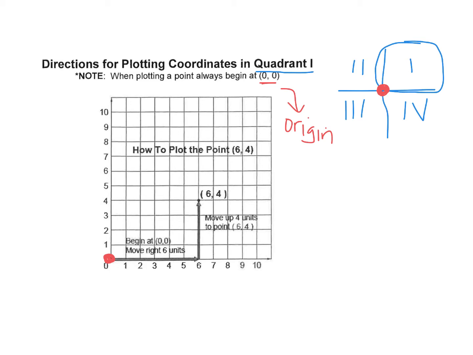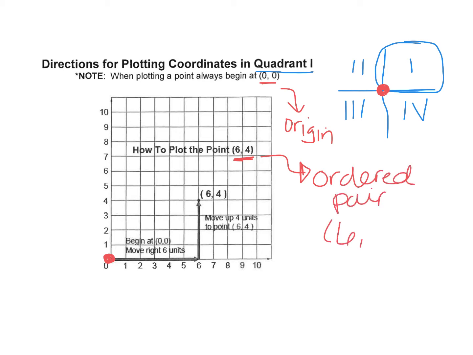And then what we do is we go to the right, because in just quadrant 1, we either go to the right or stay at 0 and then go up. So first we move over, then we move up. If we're looking at 6, 4, I would say this is the ordered pair 6, 4.